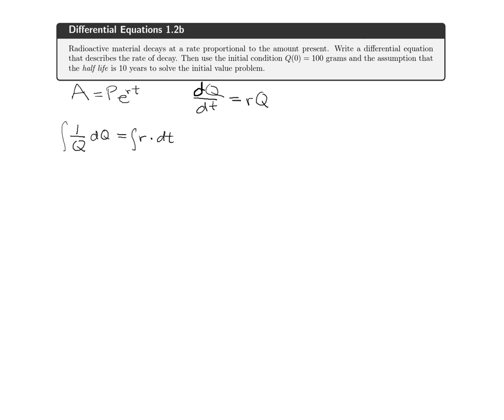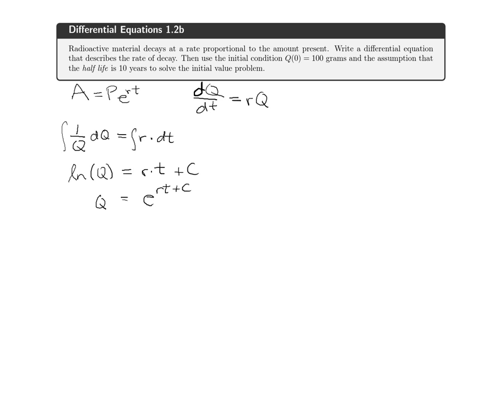All right, on the left we get the natural log of q equals, and on the right we're just going to end up with r times t plus a constant. Okay, to solve for q, we need to exponentiate. So q equals e raised to the rt plus c.